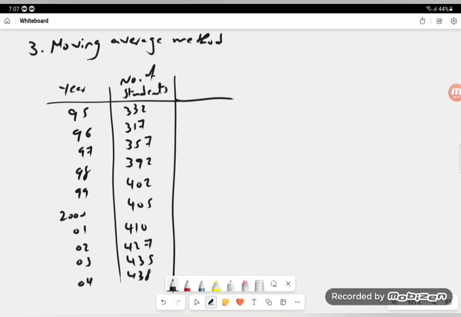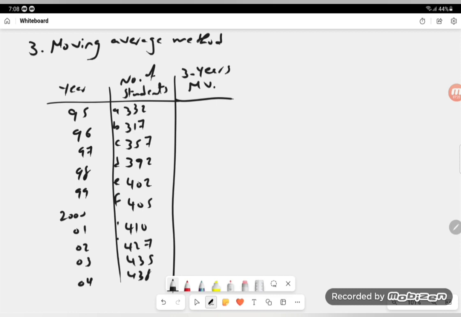Say, for example, that we are going to calculate moving average each 3 years. So 3 years moving average. So in this case, let's assume that these are observations A, B, C, D, E, F, and so on.